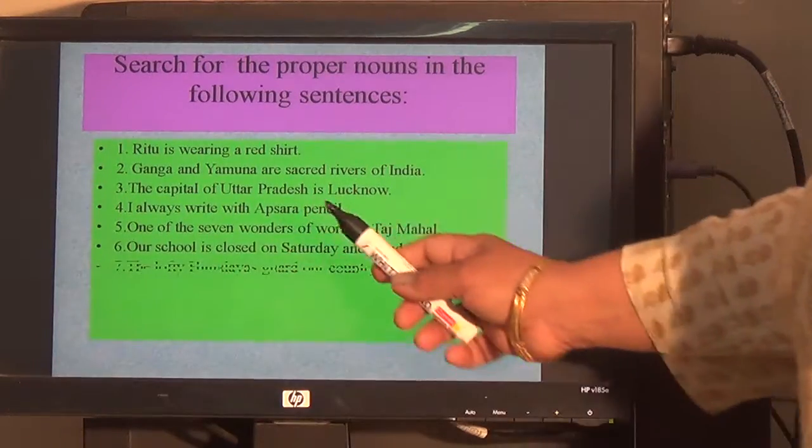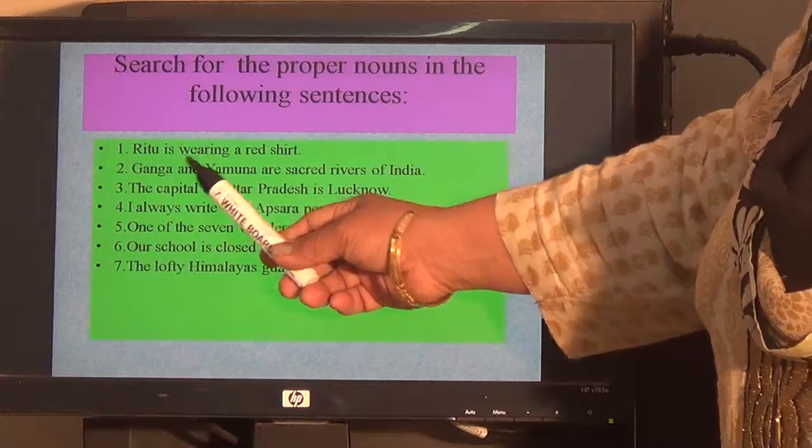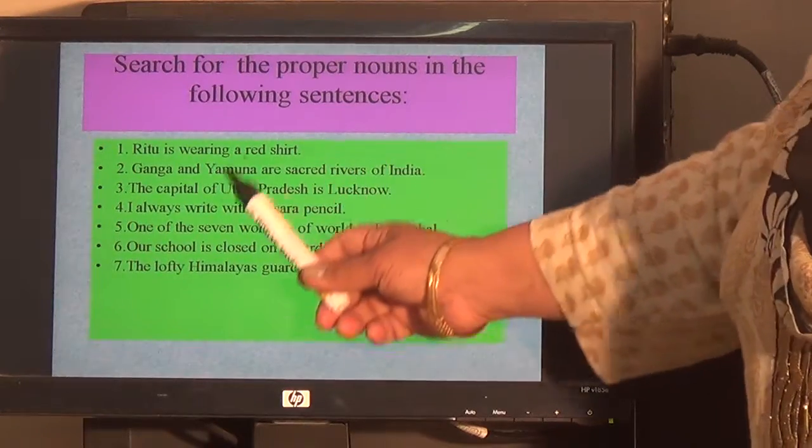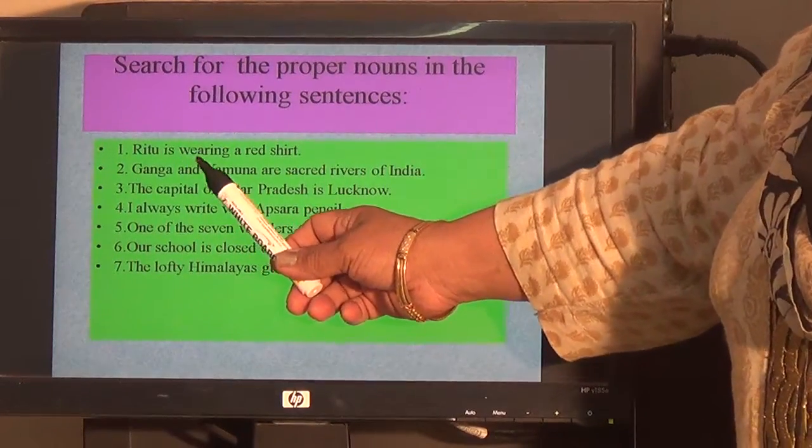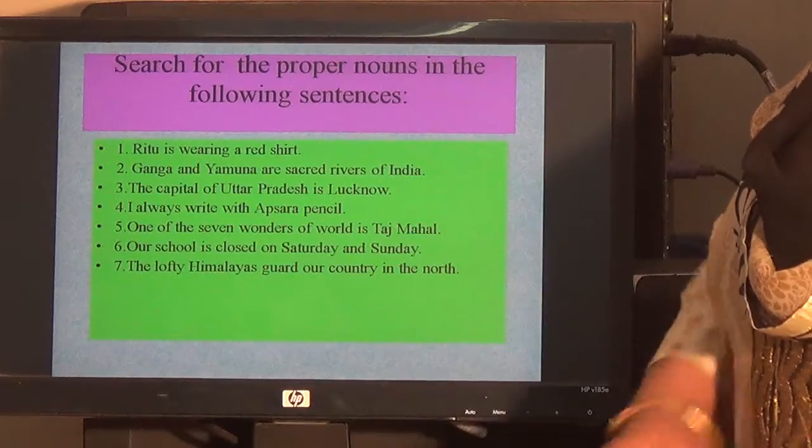Let us search for proper nouns in these sentences. Ritu is wearing a red shirt. Here, Ritu is a proper noun which you can see is written with a capital letter.